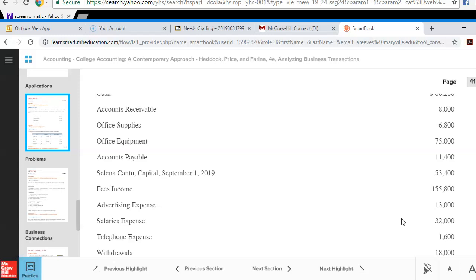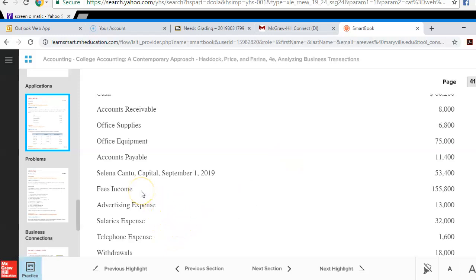A few keywords. For the most part, if it's a revenue account, the word will end in revenue or income, such as fees income. And normally, if it is an expense account, the account will end in the word expense.